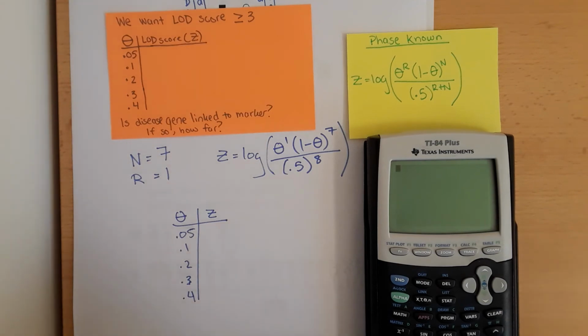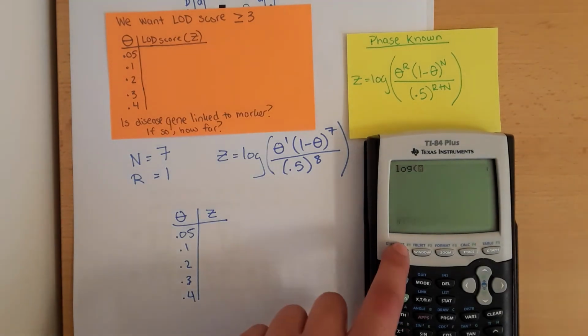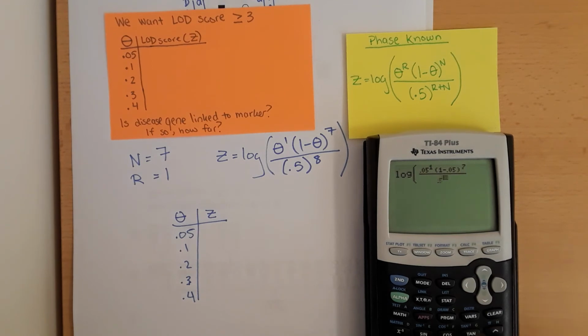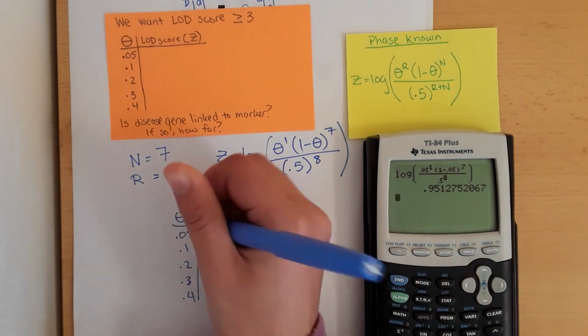So let's plug in 0.05. So we take the log, our theta is 0.05 to the first, 1 minus 0.05 to the 7th, divided by 0.5 to the 8th. And we get 0.95.